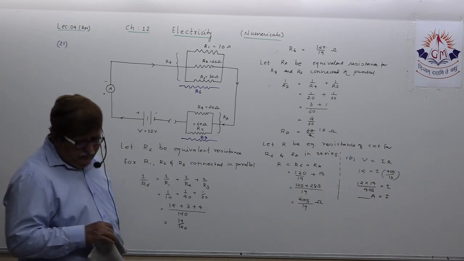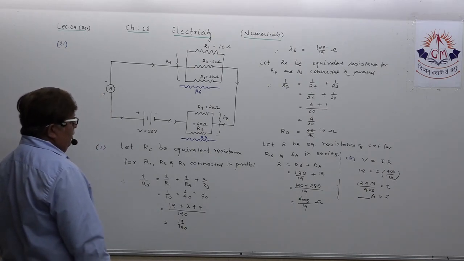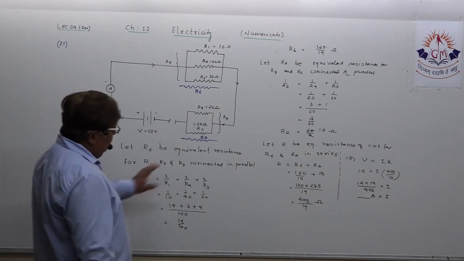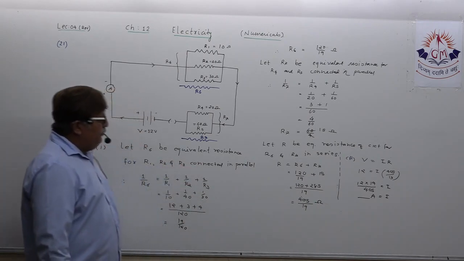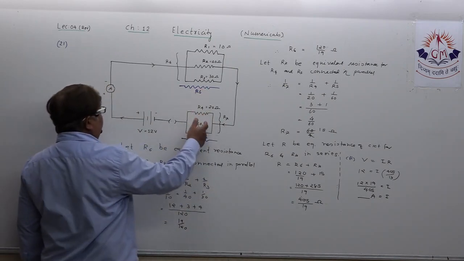Okay, right? Is it clear in your mind? Numerical number 21. I'm just giving you 1 minute to have a look at the sum. Sometimes some students do not like to take the numerical way.